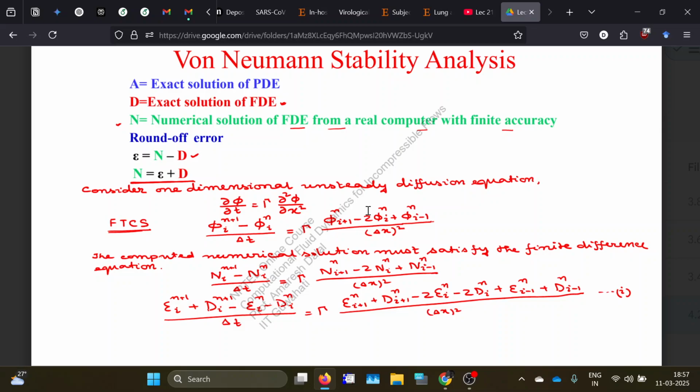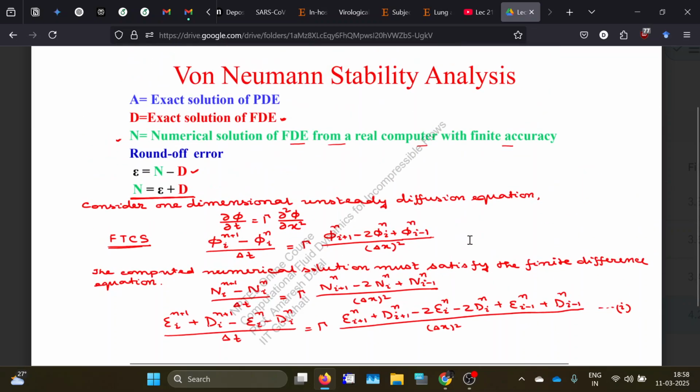Actually, I got confused because FD itself is a numerical thing. It's a discrete thing. So where is the exact thing about it? That's why I got confused in the terminology. So n is the only number; d and epsilon are unknown.